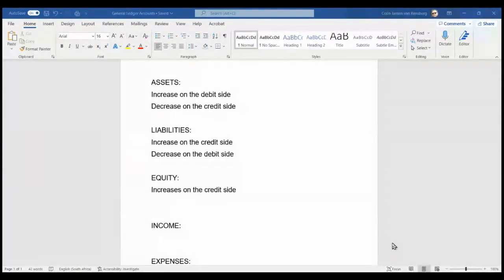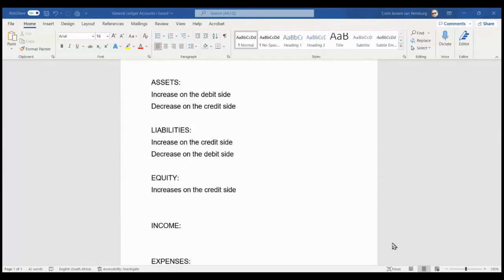Does that make sense? It could be cash, it could be a vehicle, but the fact is the owner is depositing some sort of an asset into the business. His or her own personal property now becomes available, or under the control, as we say, of the business. Does that make sense?